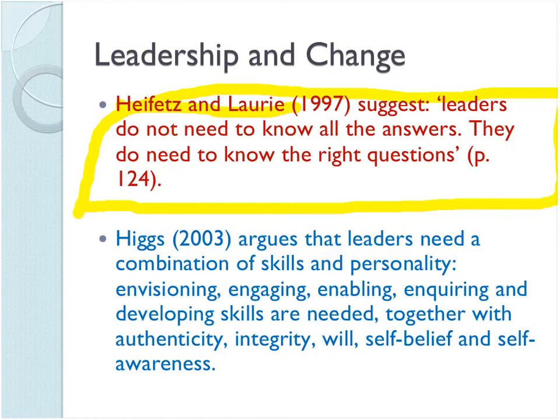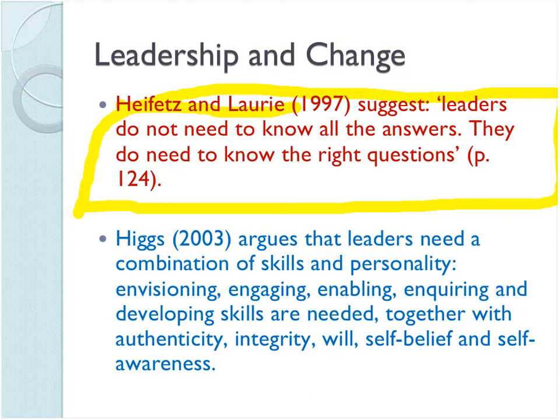Yes, as the leaders always prepare the visions and missions, or the organizational values and the strategies of the organizations, it is very important to know the right questions in order to prepare the visions, the missions, and the strategies for the organizations.